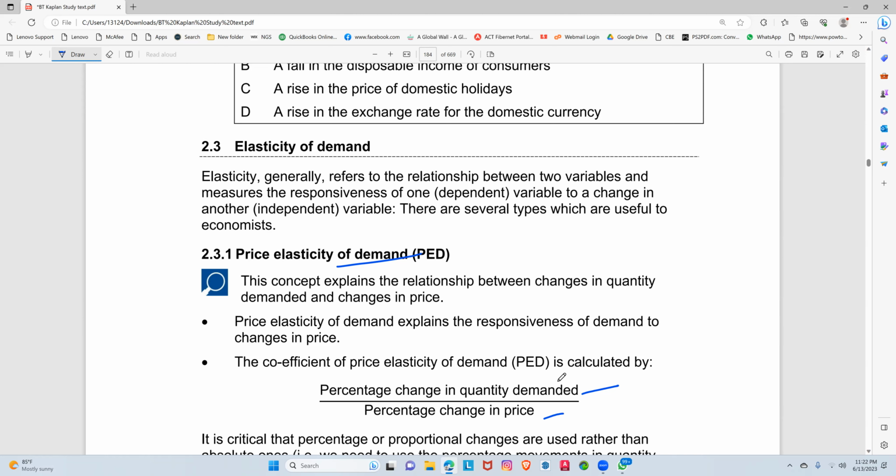Now, when I say percentage change in quantity demanded, how do I get percentage change in quantity demanded? Any idea? Sorry? The price change? Percentage change in quantity demanded, how do we find it?